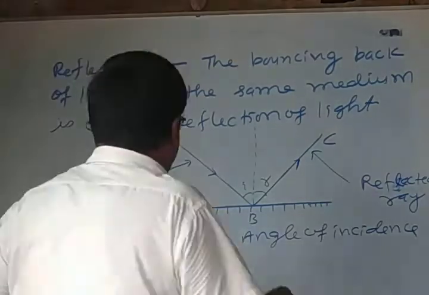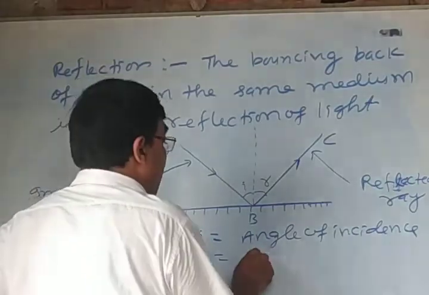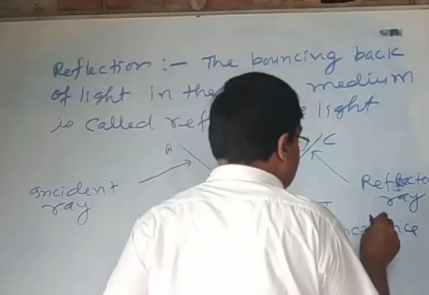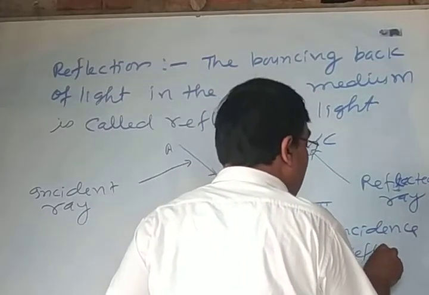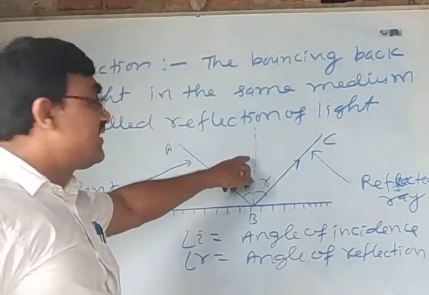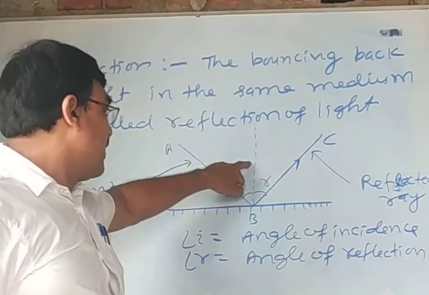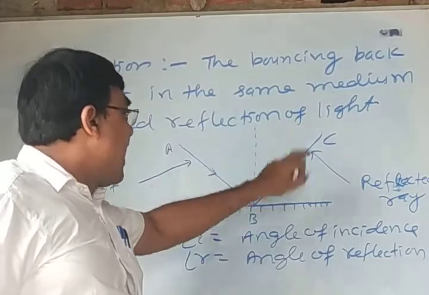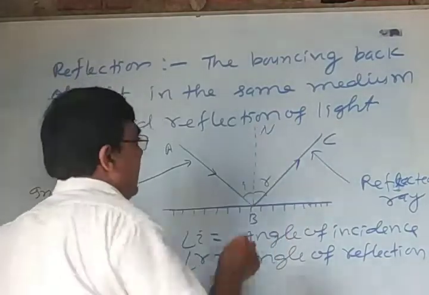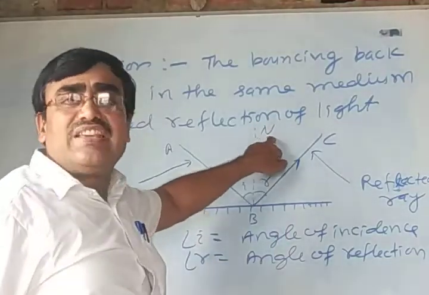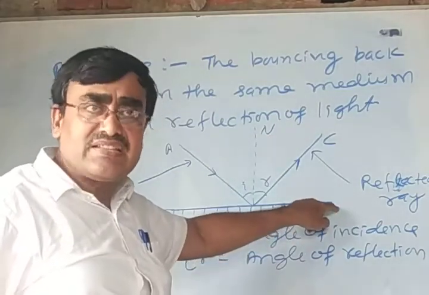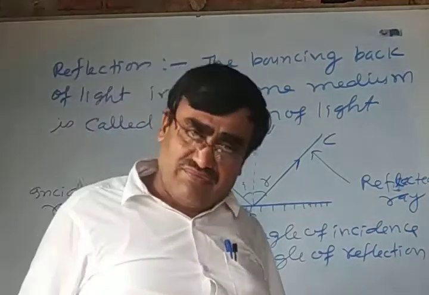Angle R is called the angle of reflection, that means the angle between the normal and the reflected ray. The normal is commonly denoted by N. This is the reflecting surface; it may be smooth or rough.